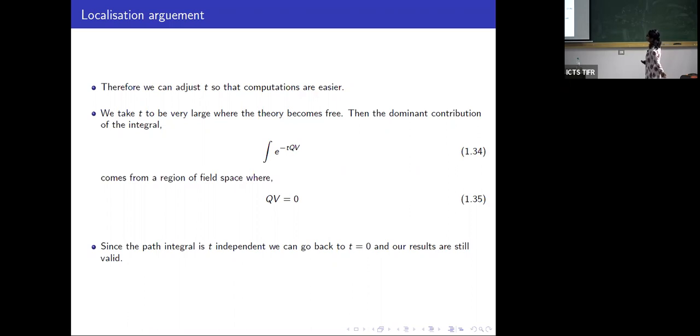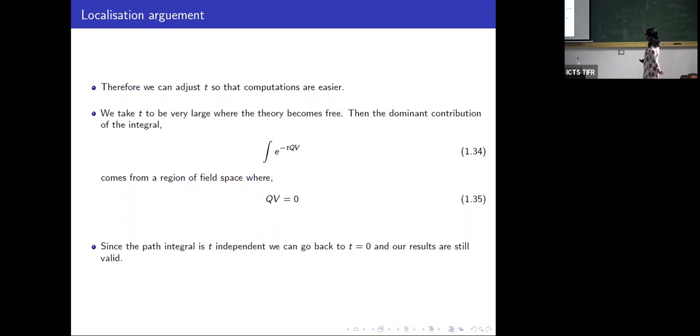The answers we obtained by any t should still be valid. So if we take t to be very large, in some theories the theory becomes free, and the dominant contribution comes from a region of field space where QV is equal to 0. And then at the end we set t equal to 0, and we still use the results.